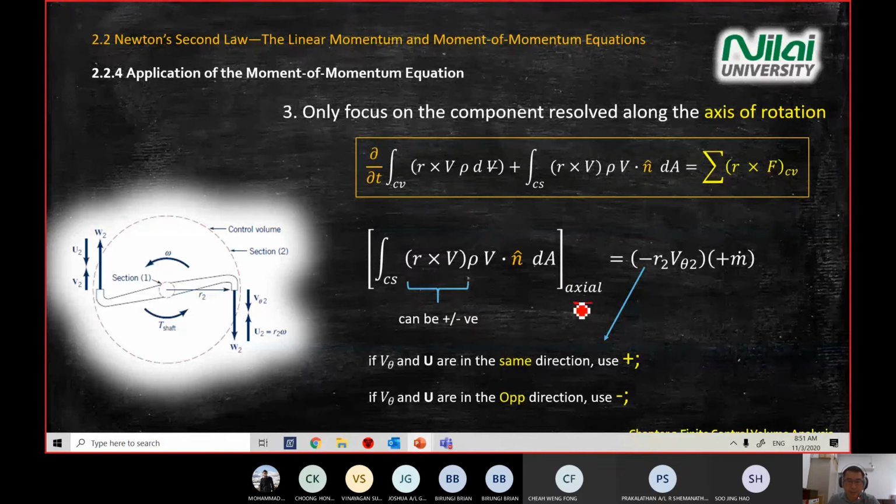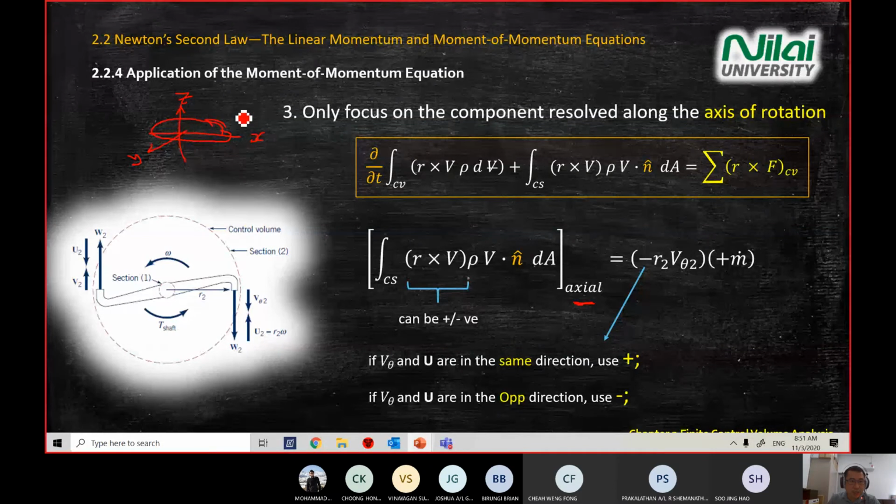The word axial means, for example, this is Z, this is X, and this is Y. Anything that swings along the XY plane is called the axial plane.